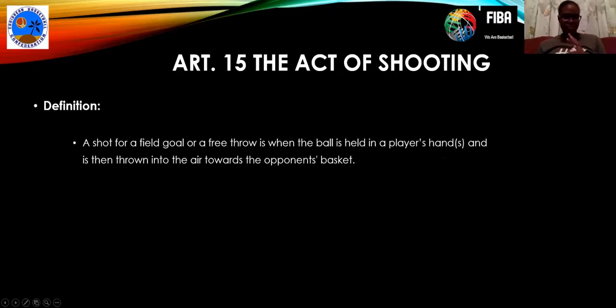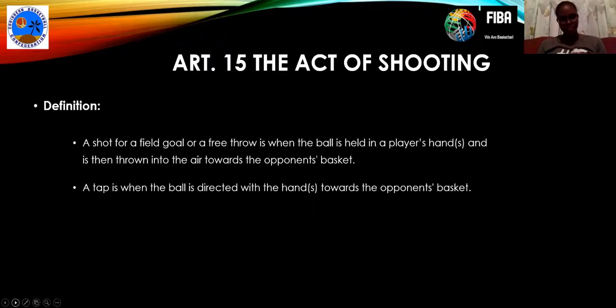Definition. A shot for a field goal or a free throw is when the ball is held in a player's hands and is then thrown in the air towards the opponent's basket. A tap is when the ball is directed with the hands towards the opponent's basket.